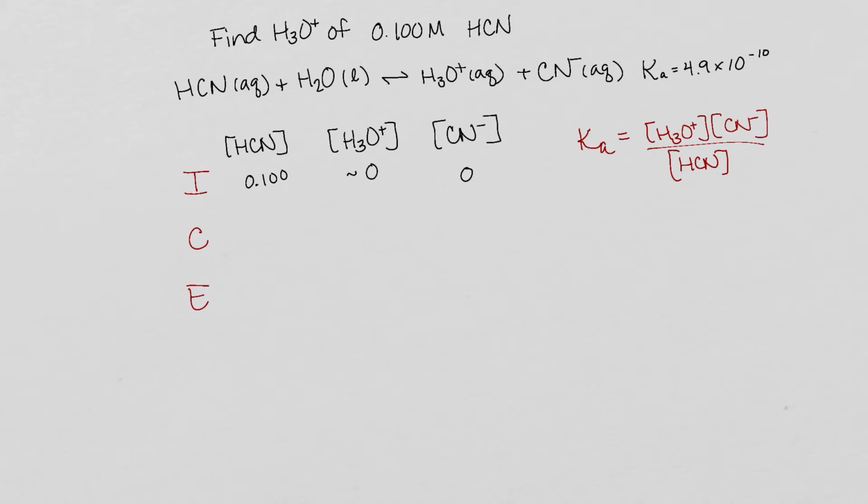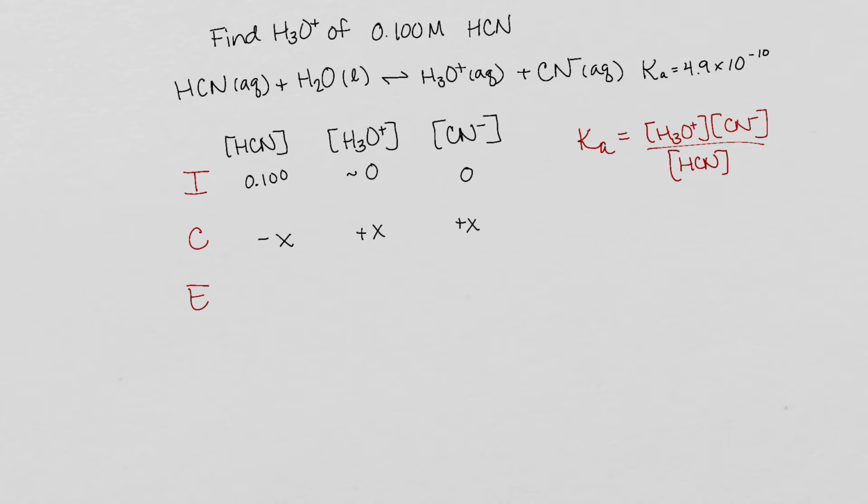Well, we know that we're going to lose some amount of our acid, minus x, and then we will gain some hydronium ion, and we will also gain some of our conjugate base. So notice how these are all single x values, because there's no coefficients in here, right?